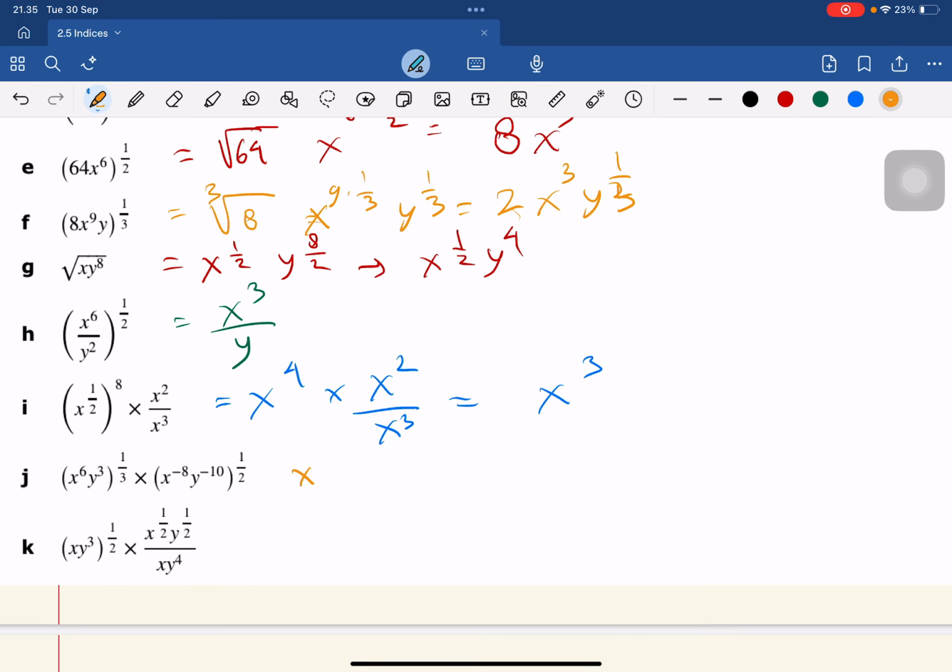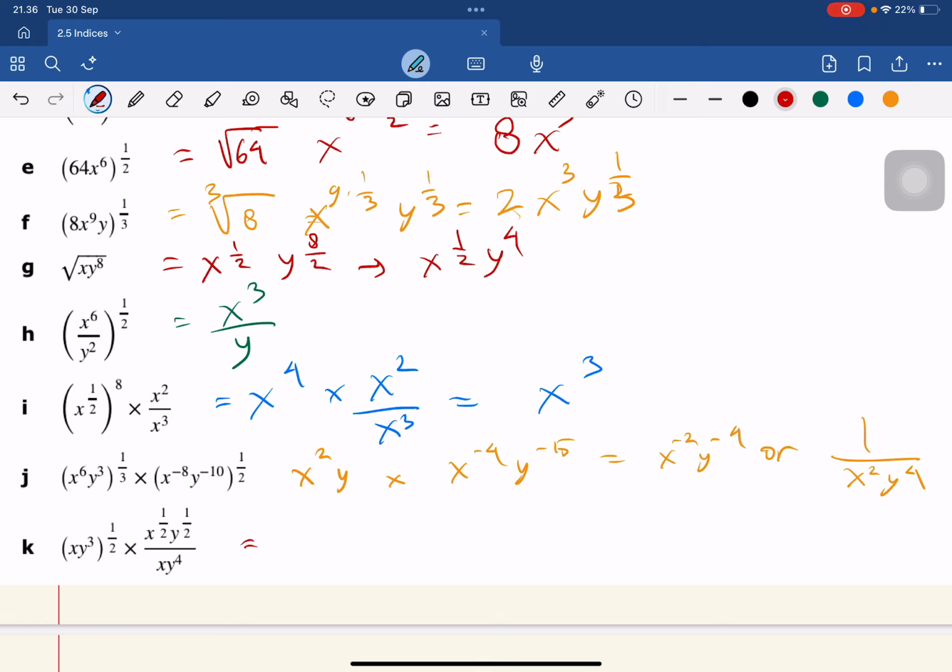So x power of 2 and then y only, and then multiplication by x power of minus 4, y power of minus 5. So we put this together for the g is x power of minus 2, y power of minus 4. Or we can write as 1 over x squared, y power of 4.